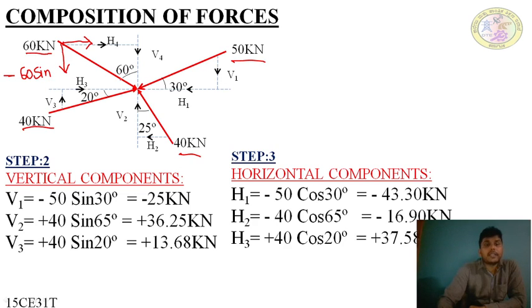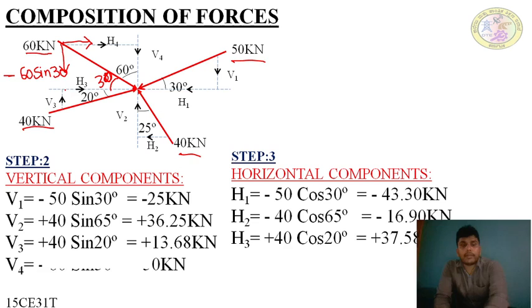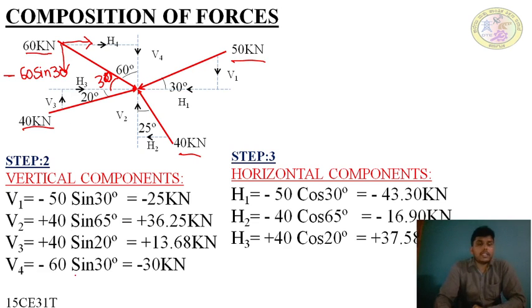With respect to the x-axis the angle is 90 minus 60, which is 30 degrees. We always have to take the angle with respect to the x-axis. Minus 60 sin 30 degrees, which is equal to minus 30 kilonewton.